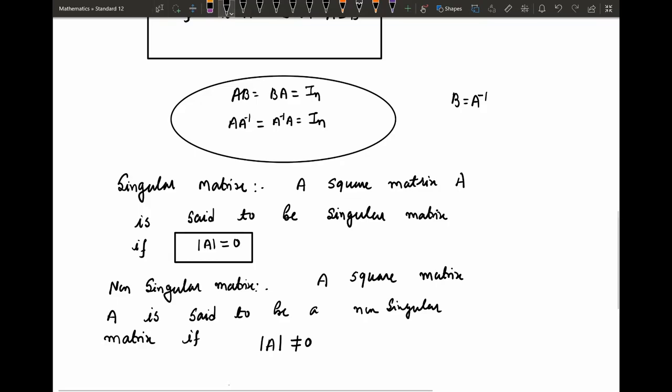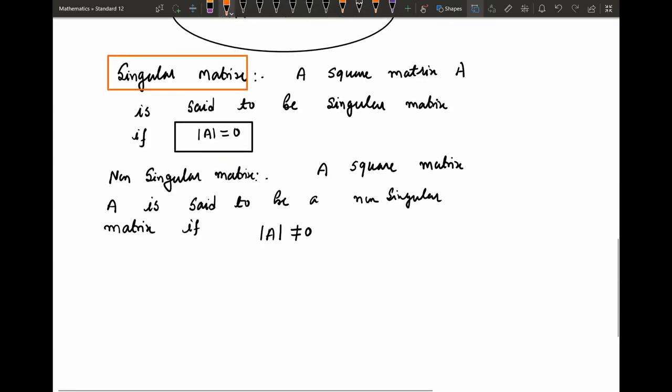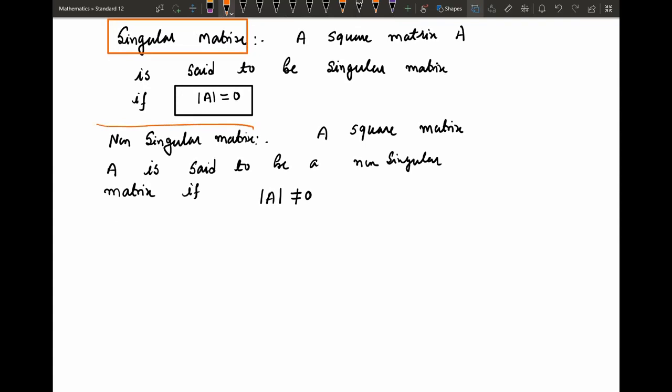You can consider these as the definitions of singular matrix and non-singular matrix.